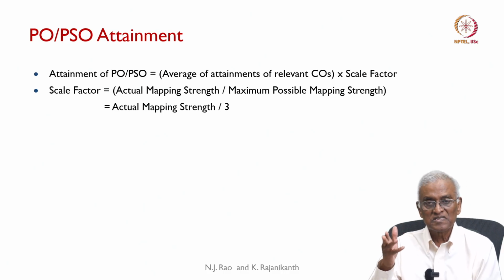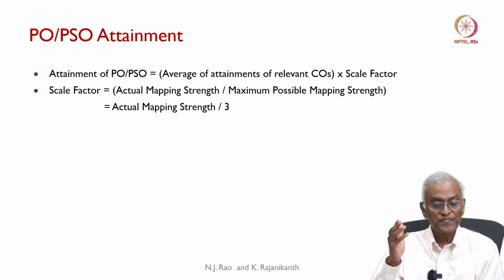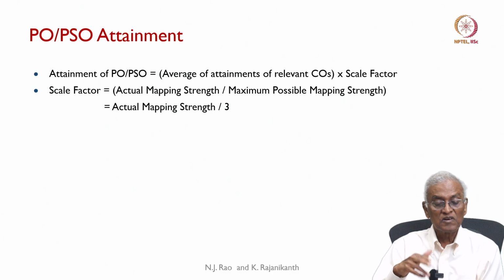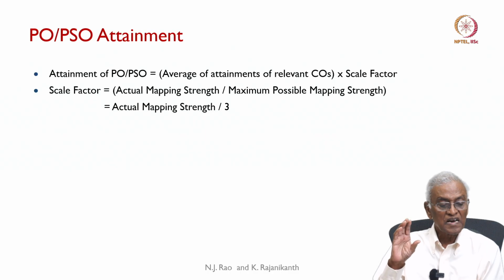The scale factor is decided by the mapping strength: the actual mapping strength divided by the maximum possible mapping strength, that is, actual mapping strength divided by 3. I multiply by that factor, and that I get as the attainment of that particular PO.